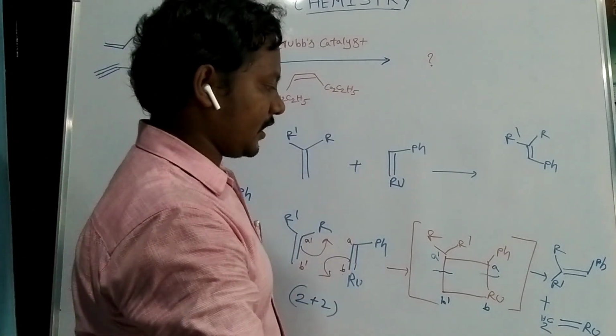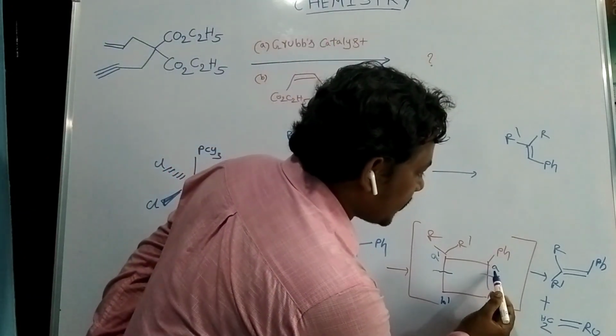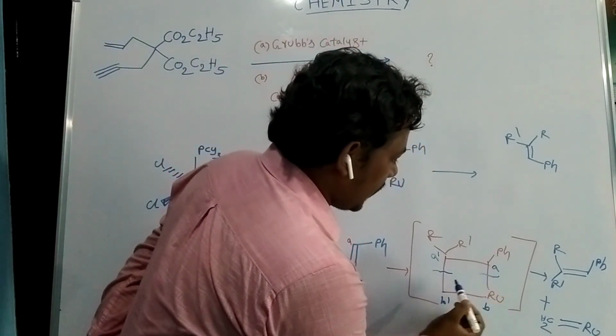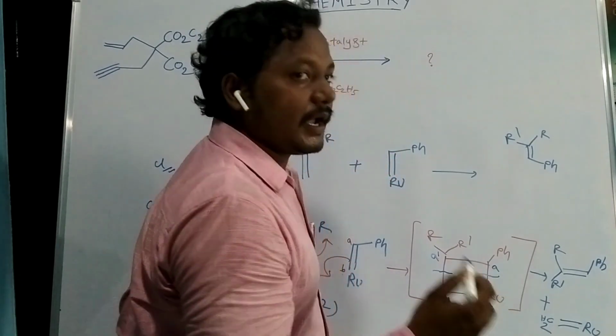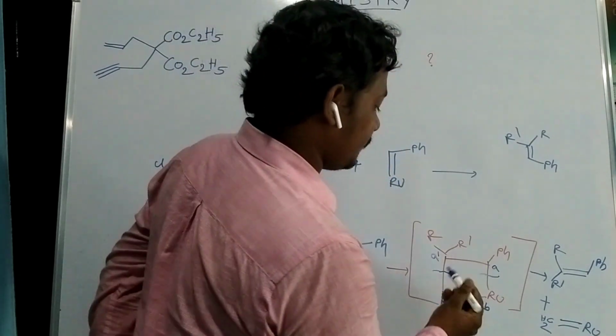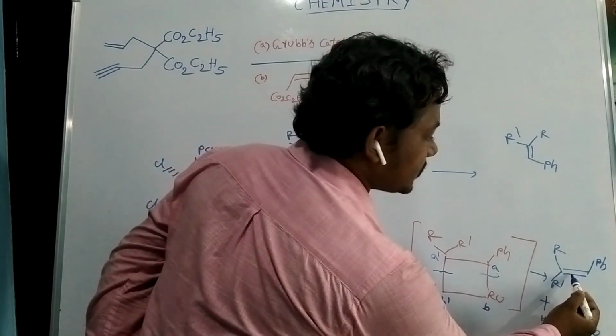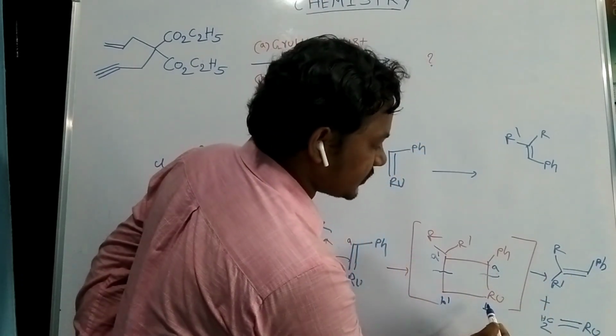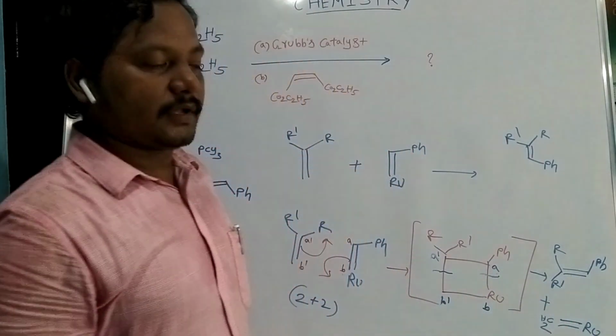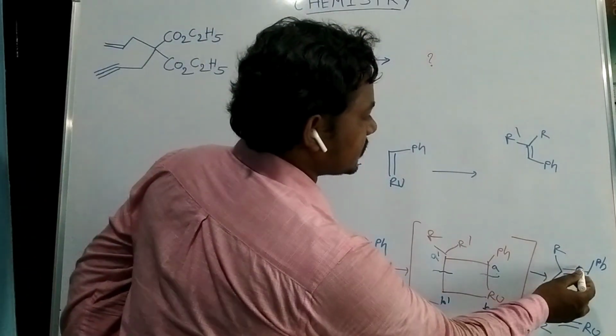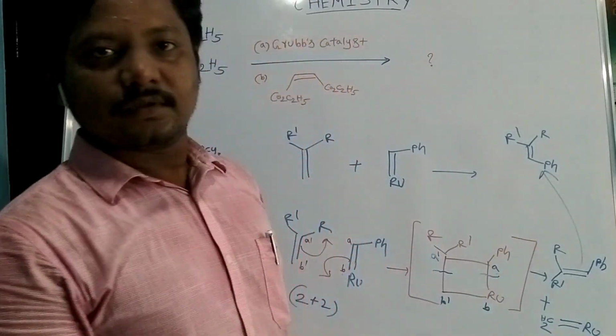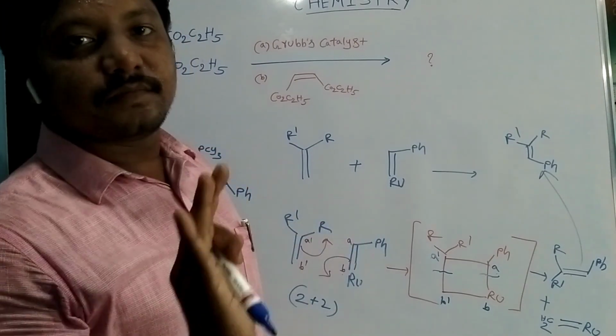Here what is going to happen again? Another bond is breaking in between A and B, and also A dash and B dash. Again two new bonds are formed, in between A dash and A, and also B dash and B. So this is the olefin metathesis mechanism.